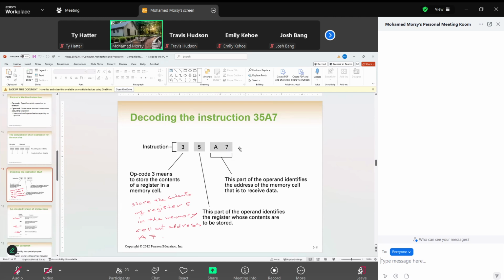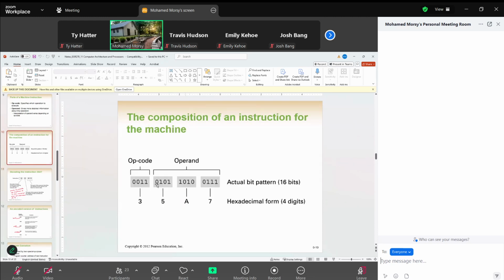This is an example of one of the instructions: 35A7. So what does this mean? What do these numbers mean? 3 means store. The first symbol is the opcode.